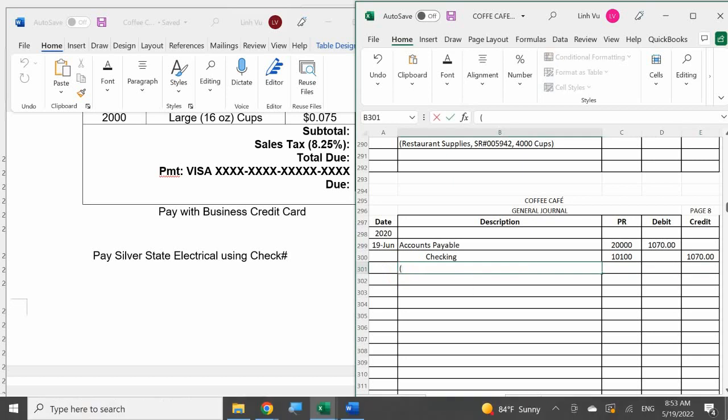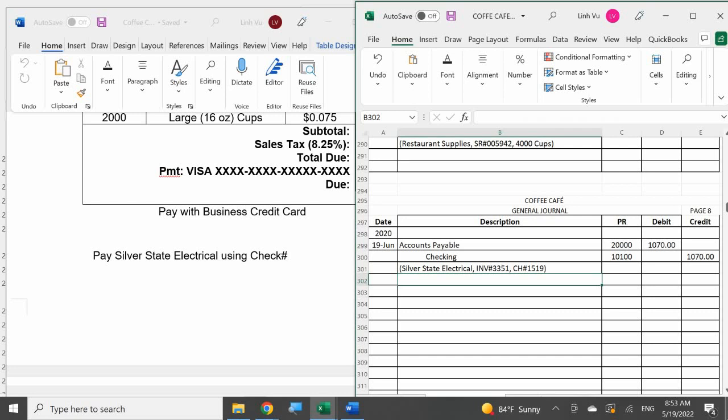I made a payment to Silver State Electrical. I paid invoice number 3,351, right? And I used check number 1519 to pay for this. Okay.